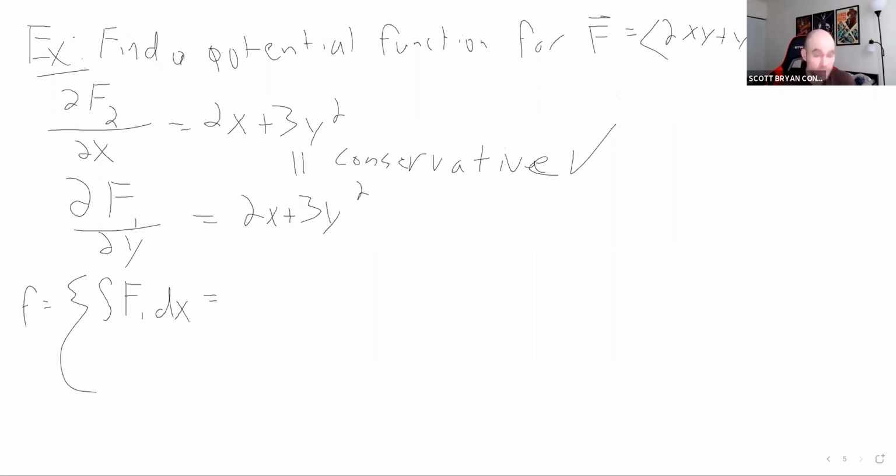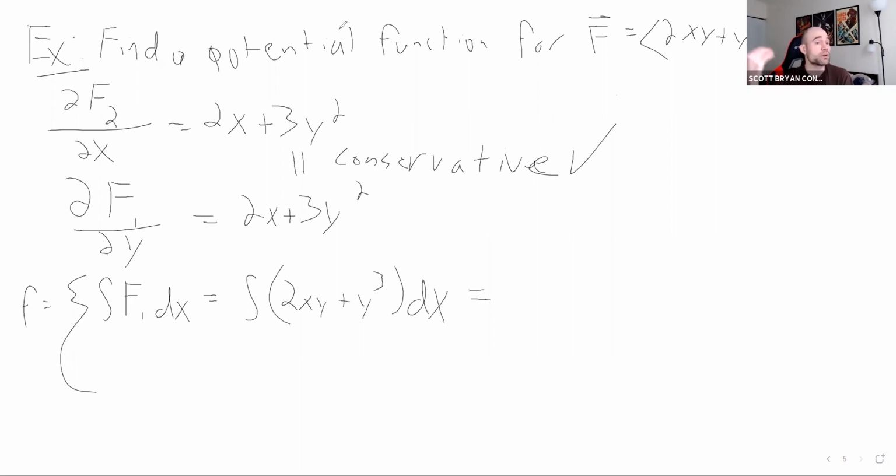So we integrate the first component with respect to x. Our first component is 2xy plus y cubed. Integrating with respect to x means it's the opposite of differentiating with respect to x. You treat everything but x as a constant and integrate as usual with respect to x.